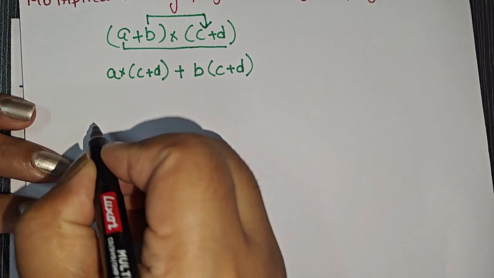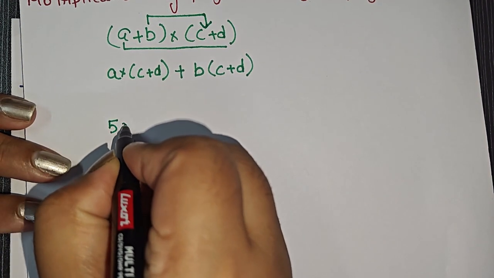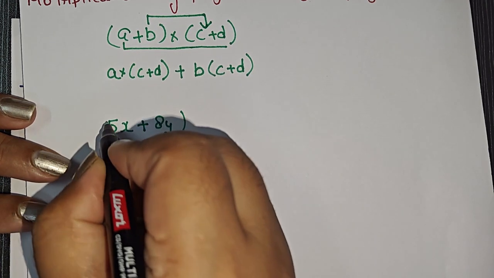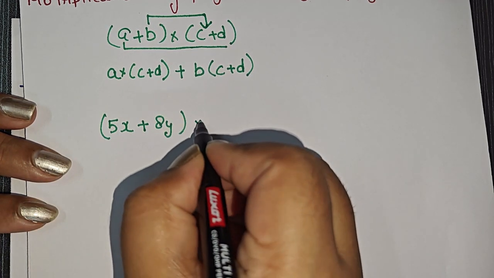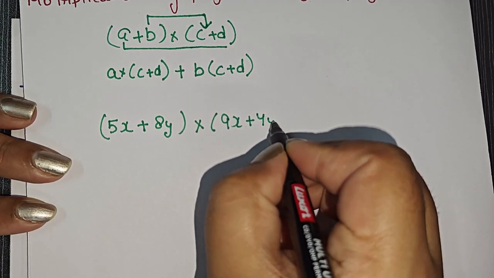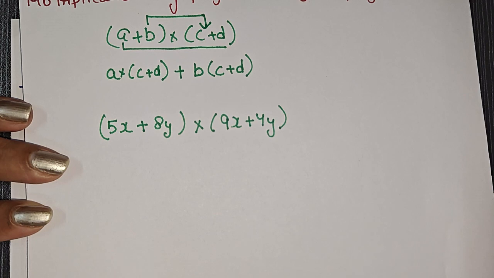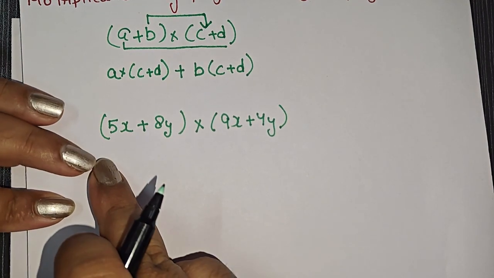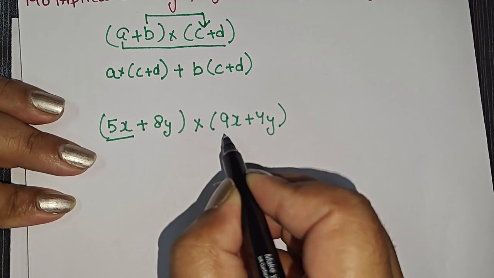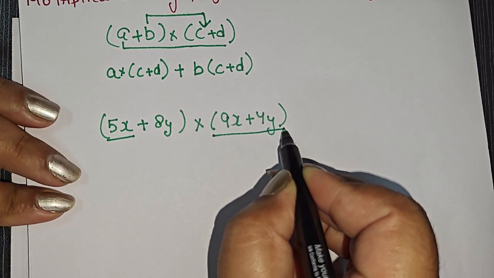So I have an example, and I have to multiply it by another polynomial. First of all, I will pick up this first term and multiply it by this complete polynomial.